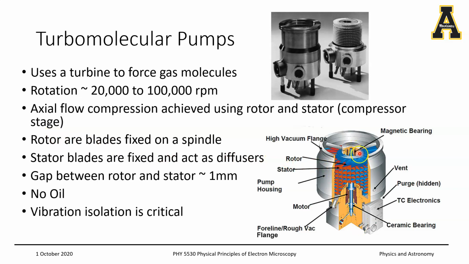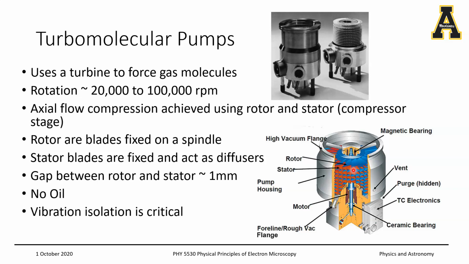blade rotates with respect to the spindle, which is also rotating at the same RPM. Typically, you have a spacing of about a millimeter between a rotor and a stator blade in the vertical direction. These blades are extremely susceptible to mechanical damage if you do not take care of the pre-vacuum condition, as I said, with the roughing pump.